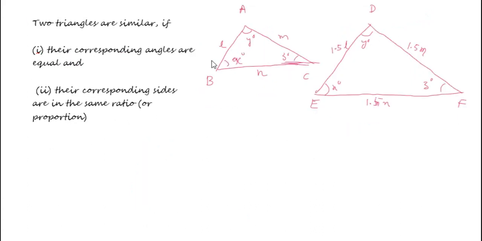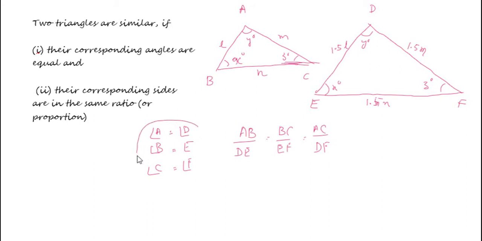In the same way, in case of two triangles, if the corresponding angles are equal, angle A equal to angle D, angle B equal to angle E, angle C equal to angle F, and then the corresponding sides are in the same ratio, that is AB by DE equal to BC by EF, that is equal to AC by DF.